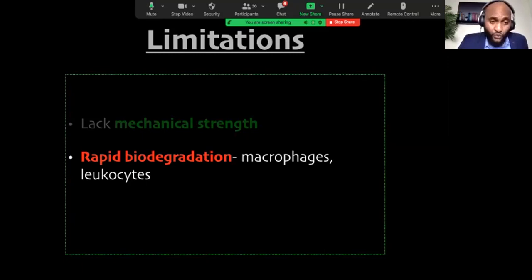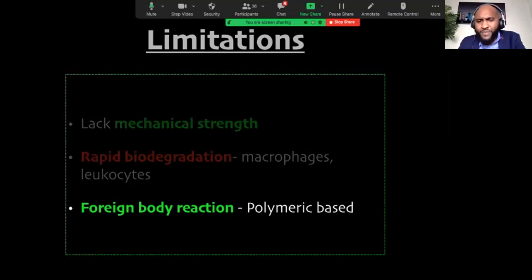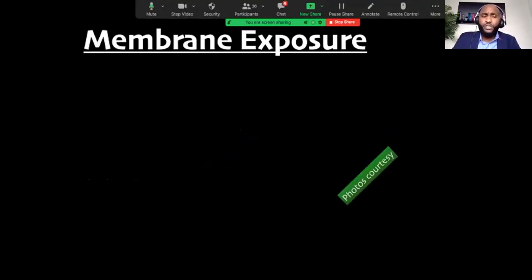And then you will be wondering why, yet I did everything that was advised. Why didn't I achieve what I wanted to achieve? It's important to bear that in mind. Sometimes also some membranes, if they're made of polymers, you end up with foreign body reaction. It's rare, but it's important to know that that happens.